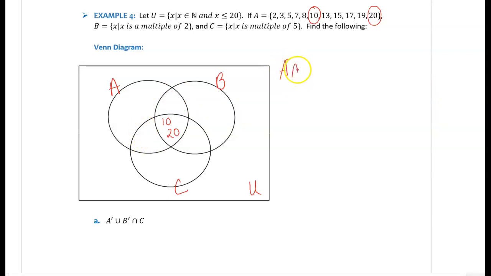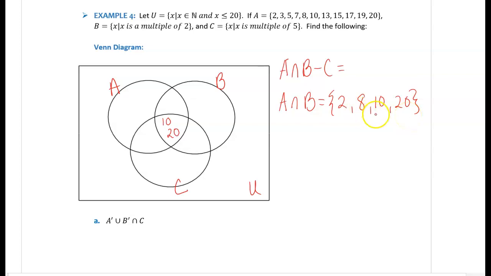A intersected with B, that is not in set C. So first, let's look at A intersected with B. A intersected with B would be elements that are multiples of 2 that are also in set A. In this case, it would just be 2, 8, 10, and 20.